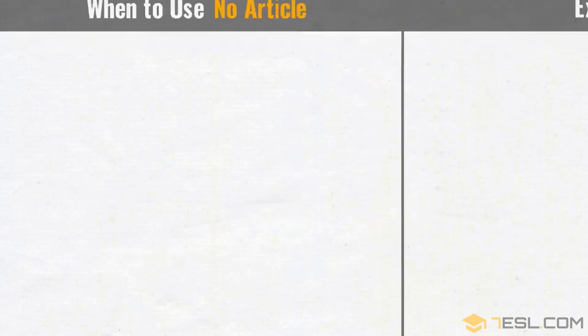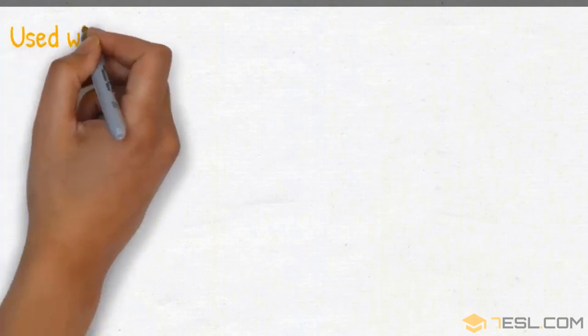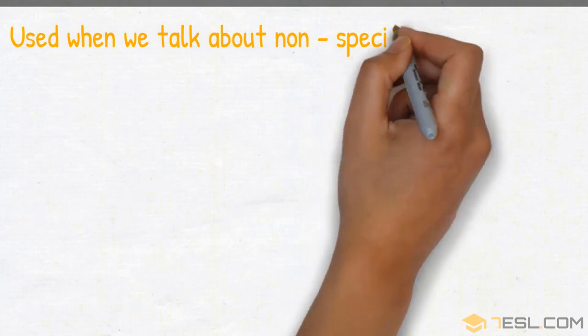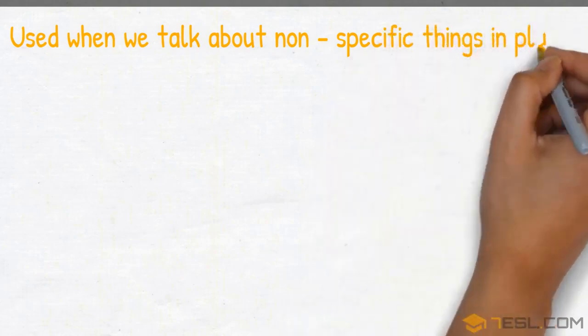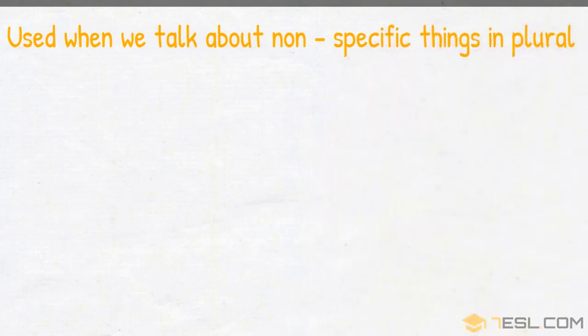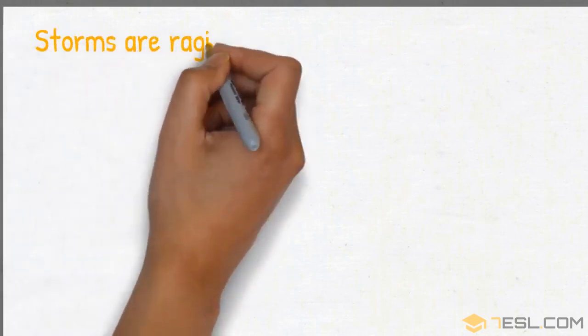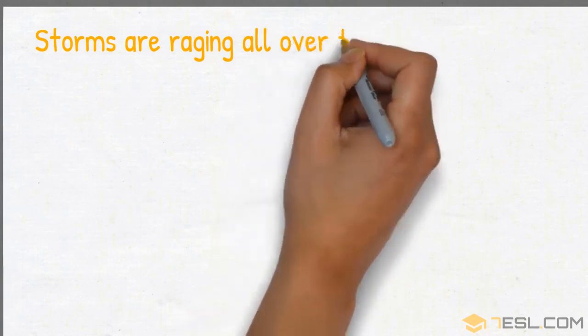When to use no article. Used when we talk about non-specific things in plural. Storms are raging all over the country.